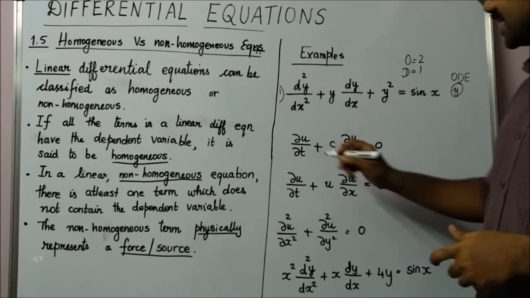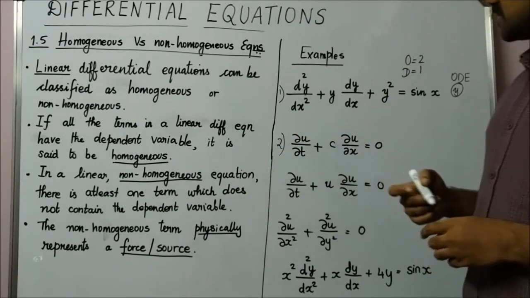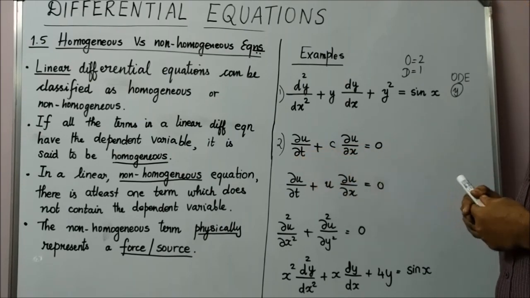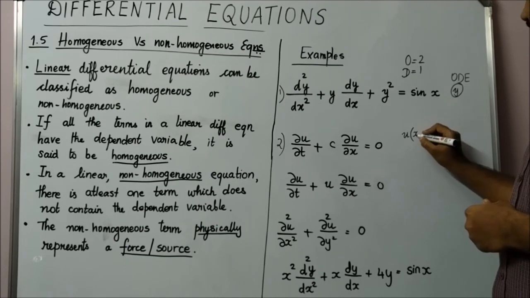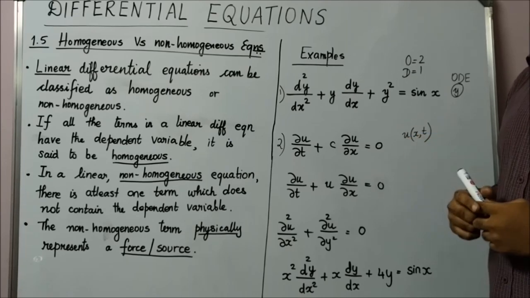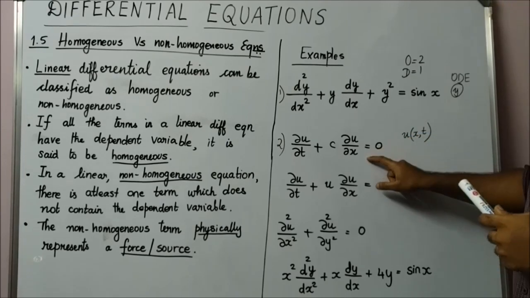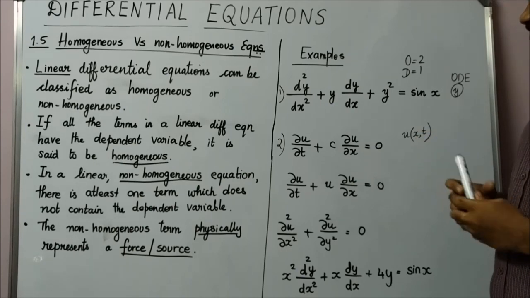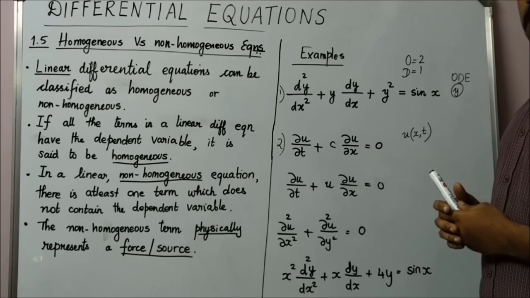Now let's come to the second example. This is a partial differential equation because u is the dependent variable and this depends on x as well as t. x and t are the independent variables, u is the dependent variable, and hence it is a PDE because it contains two independent variables. Now, is this linear or non-linear?